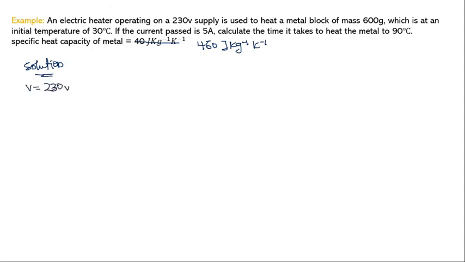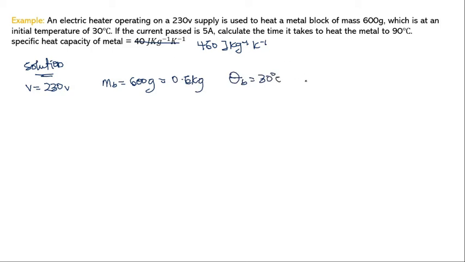It's used to heat a metal ball of mass 600 grams. So the mass of the metal, let me use MB for the ball, is 600 grams. If we convert this to kilograms, we get 0.6 kilograms. The initial temperature of the ball is 30 degrees Celsius.